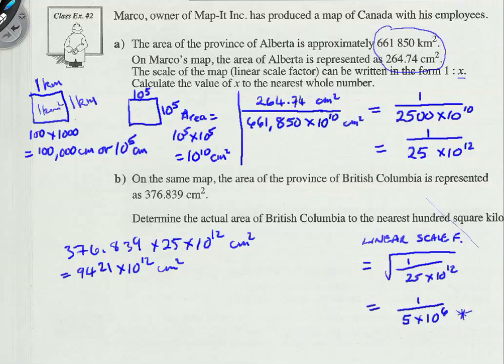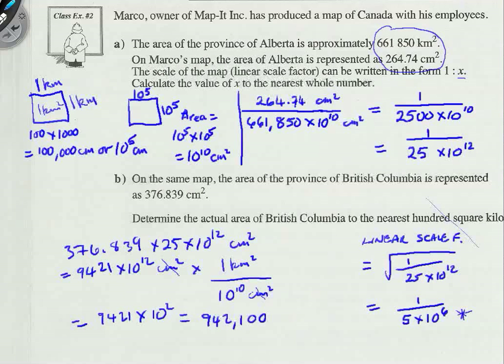So to change, we can multiply by the ratio of that: 1 kilometer squared is equivalent to 10 to the 10 square centimeters. So these centimeters cancel, and we get an answer of 9421 times 10 to the 2. Or, if you want to just look at that, we add a couple of zeros: 942,100 square kilometers for the area of BC.